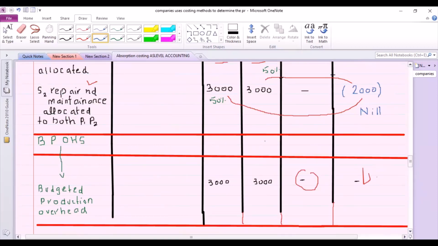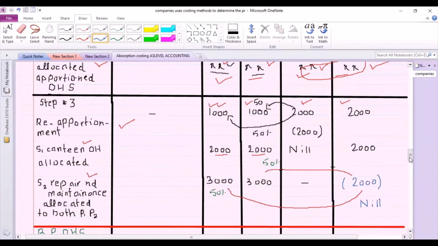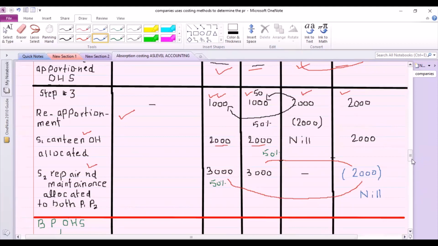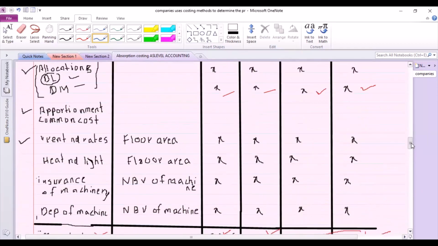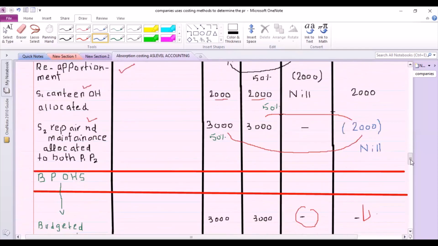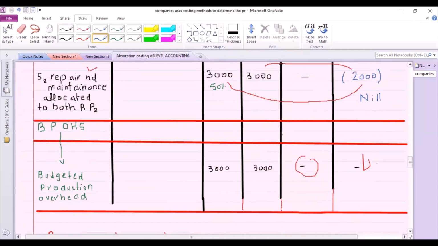When we are done with our step 3 in this overhead analysis sheet, the amount which will come is called budgeted production overhead. This is 3000, this is 3000. So this is our budgeted production overhead.